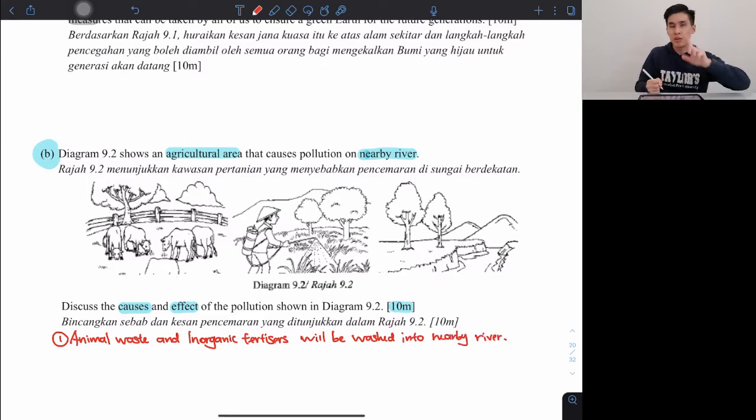Okay, here I modify a bit compared to my notes in front just now. So now we can say, remember, your animal waste and inorganic fertilizers are basically the human activities here.